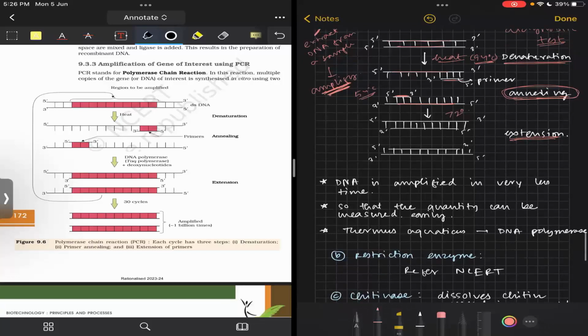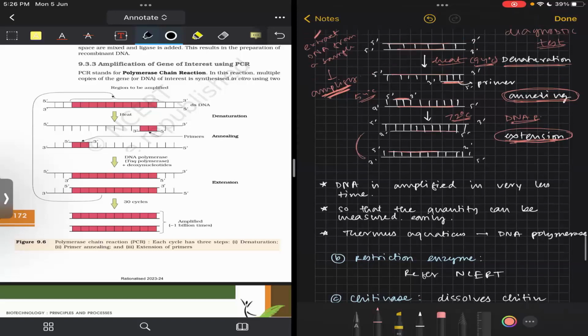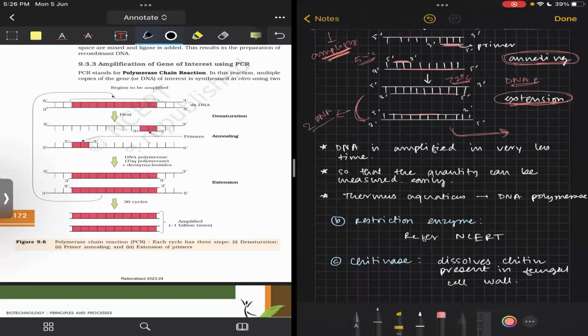And the primer is attached. Now the DNA polymerase will come and cause extension and will form a new DNA strand. And by this process, we are creating two DNAs from a single DNA. And after repeating this cycle several times, we can exponentially increase the amount of DNA that is present in solution.